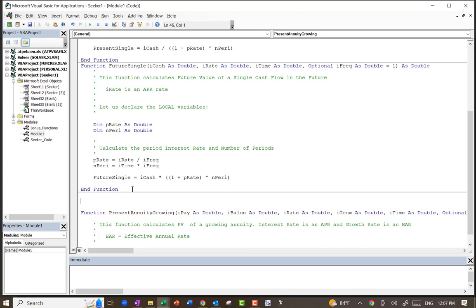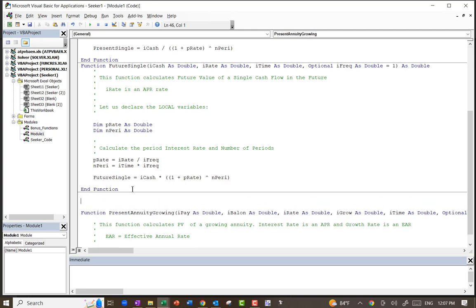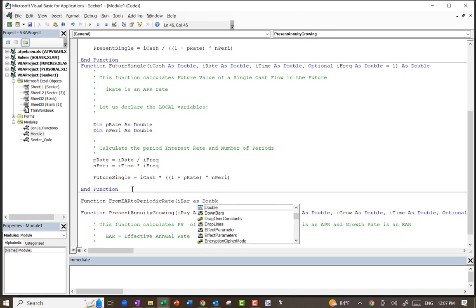It's going to have two arguments, iYear as double, and iFreq, let's make it optional. So if I give you the effective annual rate, this is going to calculate what the period rate must be.